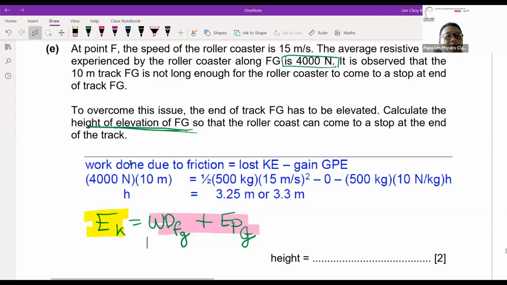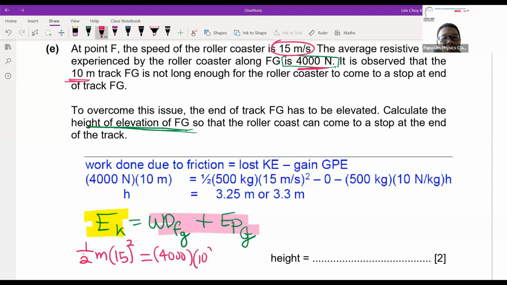So same thing: half mv squared. The speed given is 15 meters per second, so half mv squared with 15 squared. The work done is over the 10 meter track. The force given is 4,000, so the force is 4,000 and the track distance is 10 meters, plus mgh.